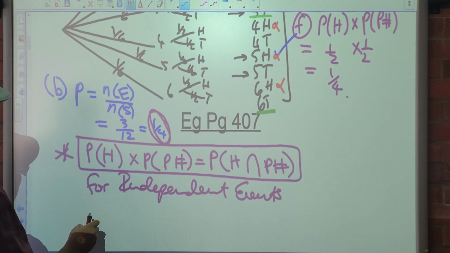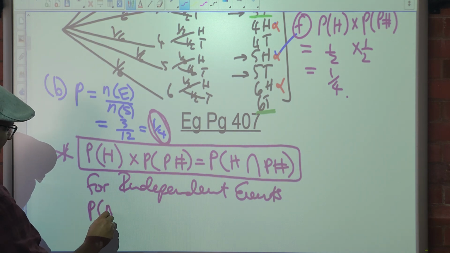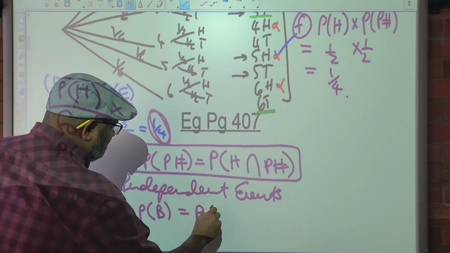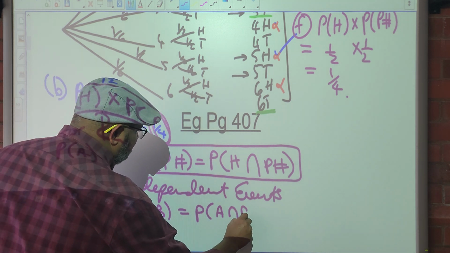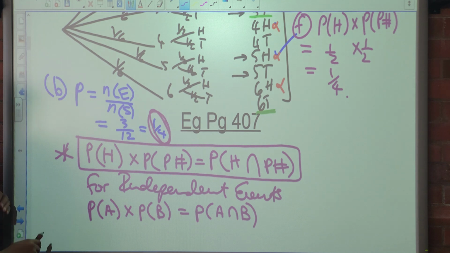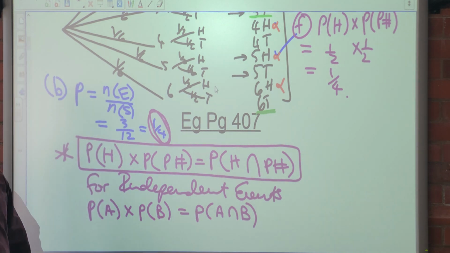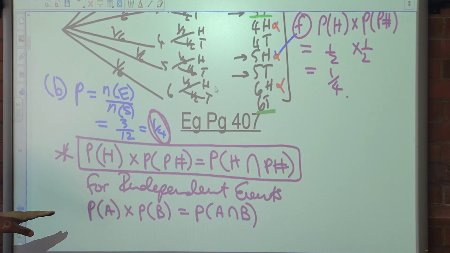For independent events, the probability of A times the probability of B is equal to the probability of A and B. This is what we call an identity. Later on, when they tell you events are independent, this must come immediately to mind. So, one of the identities in probability.